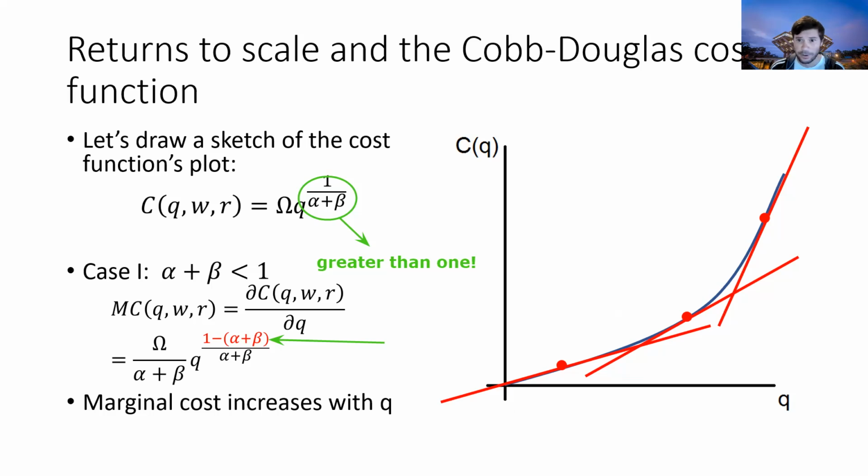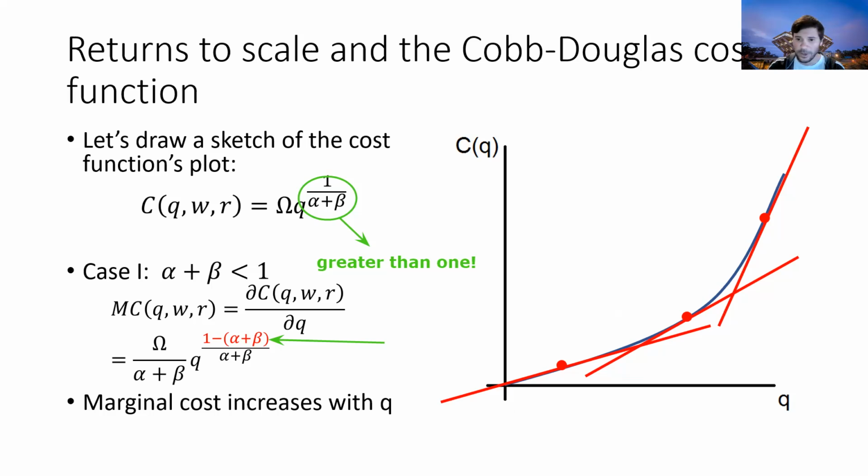Anything to the 0 power is 1. So if that were the case, the marginal cost wouldn't even depend on Q. It would be constant. It would be omega, just that constant.